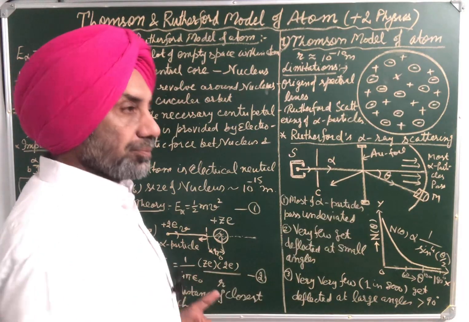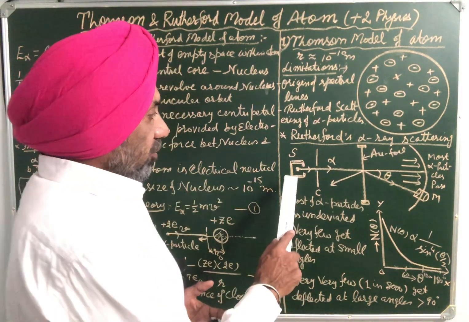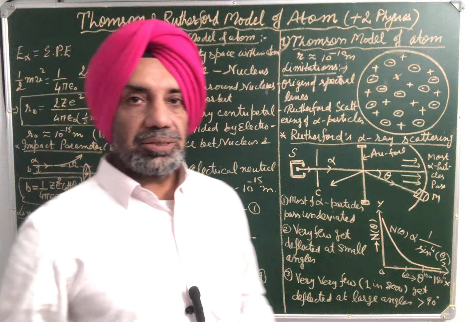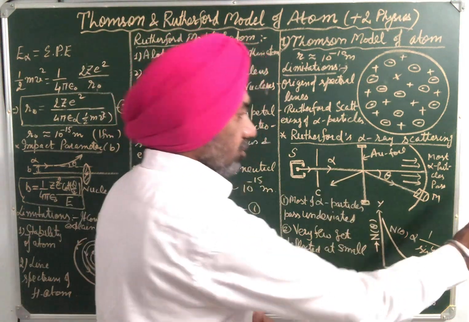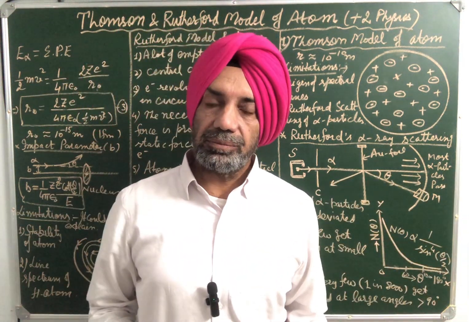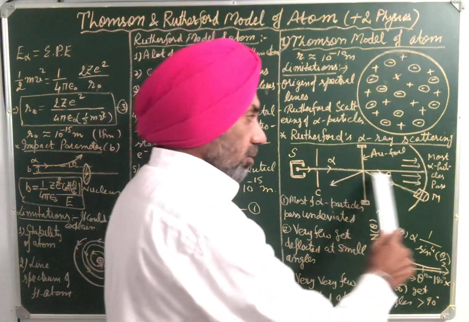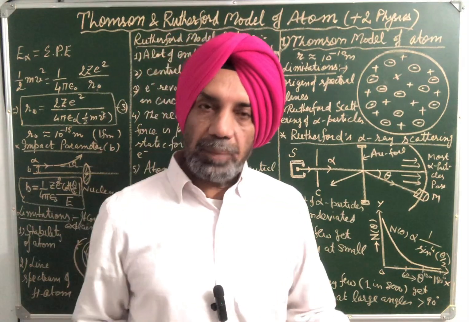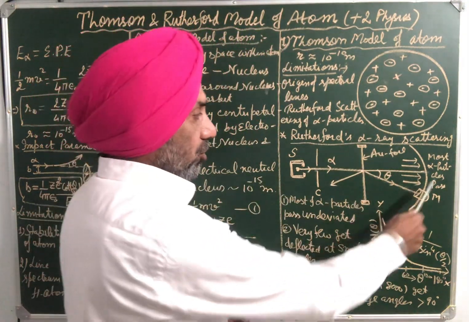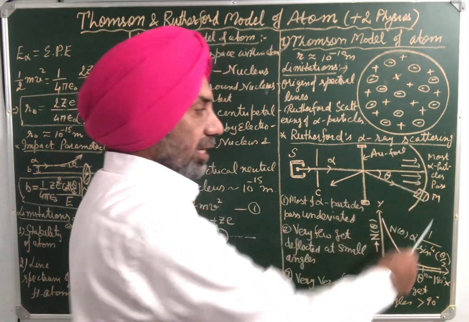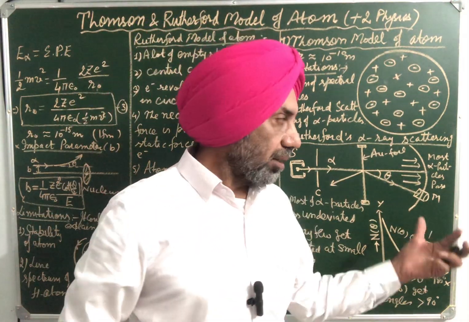Then what he saw: Rutherford saw that most of the alpha particles pass through the thin gold foil almost undeviated, which were detected with the help of the detecting microscope.